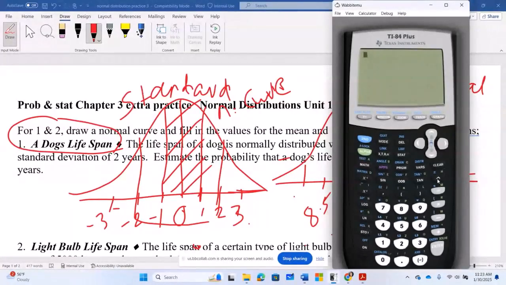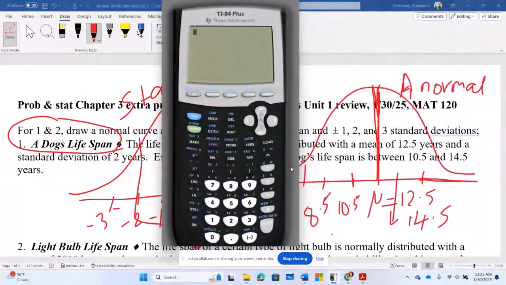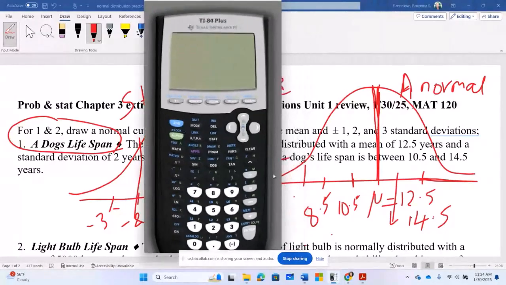Is it true that a dog that has an age between 10.5 and 14.5 lies in the 68% probability? Is it true?